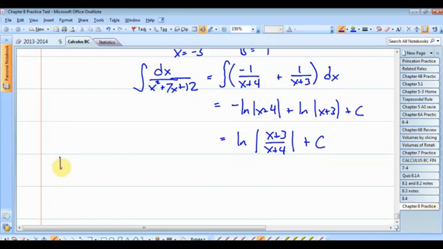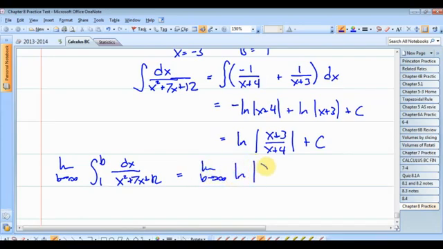Okay, so we have the limit as b approaches infinity of the integral from 1 to b of dx over x squared plus 7x plus 12 equals the limit as b approaches infinity of the natural log of x plus 3 over x plus 4 from 1 to b.